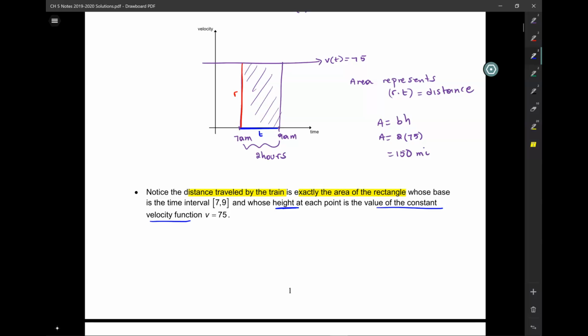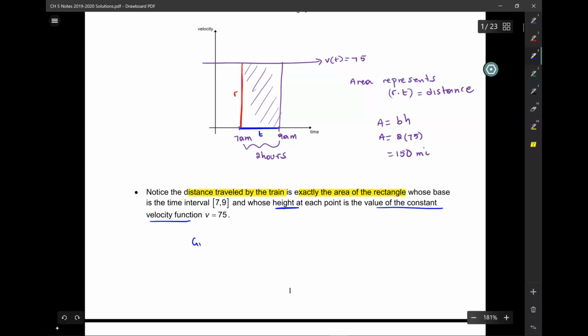Okay, so let's go into another fundamental problem then. I had a velocity function, and I had a time interval. I had to find distance based on my velocity and my time interval.